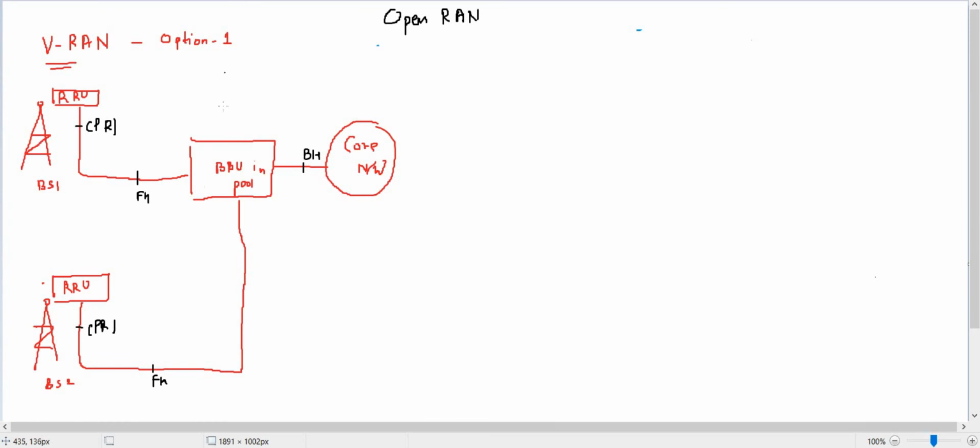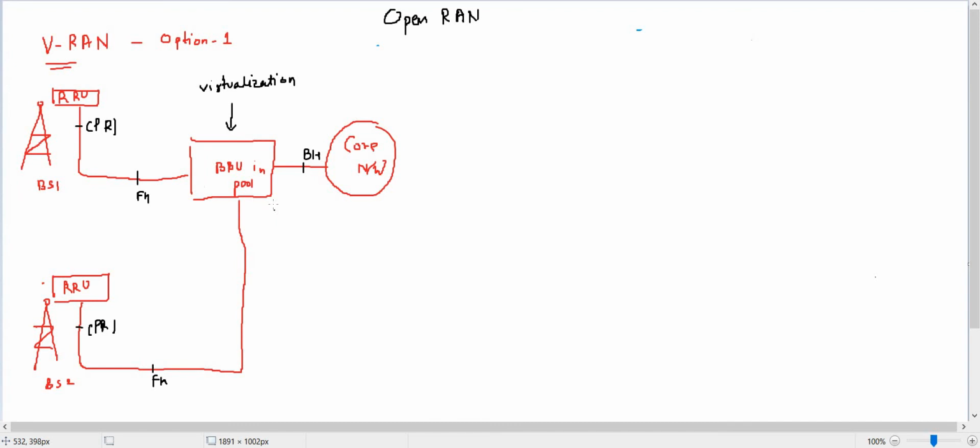Now the virtualization is installed in the BBU. In the previous architecture of RAN, we had dedicated hardware for BBUs.